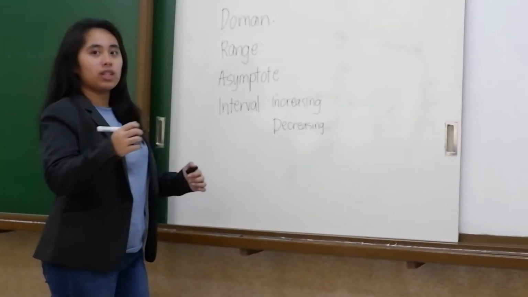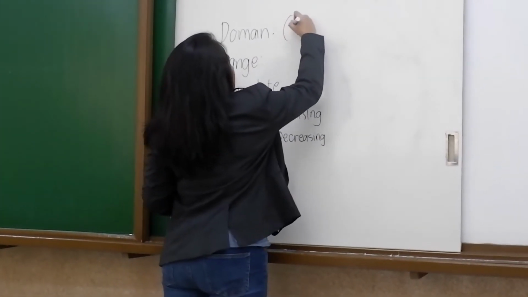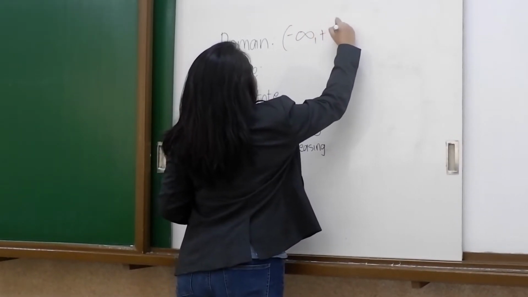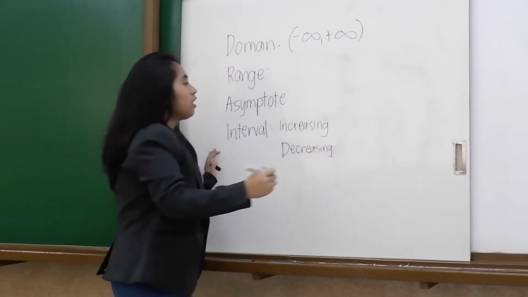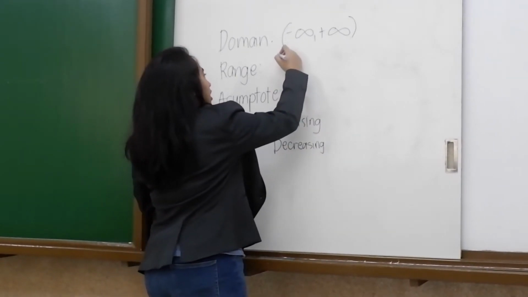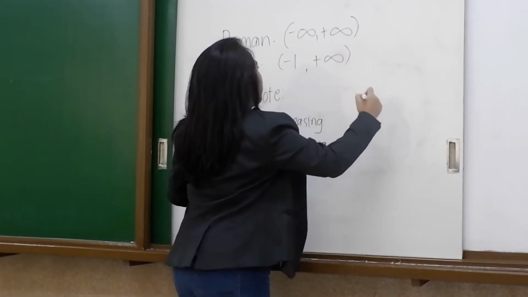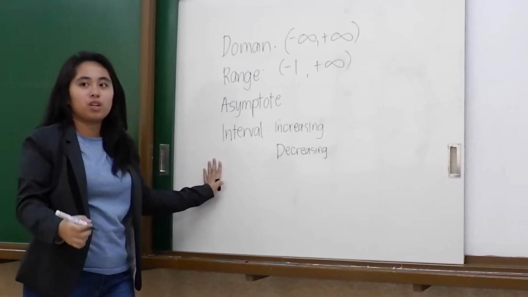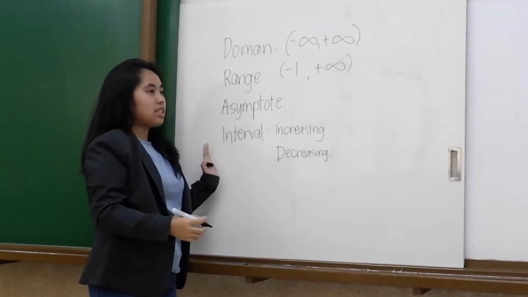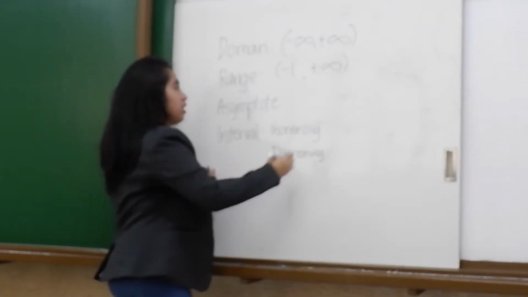Since the function is quadratic, the domain is negative infinity to positive infinity. And the range is negative 1 to positive infinity, since the minimum value is negative 1 and the maximum value is positive infinity. Since it is a quadratic function opening upward, there is no maximum.